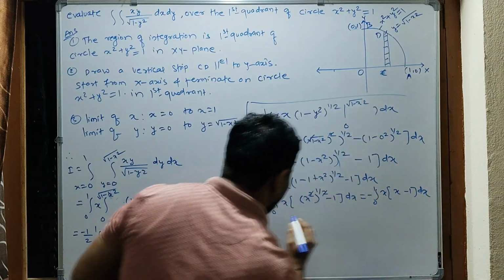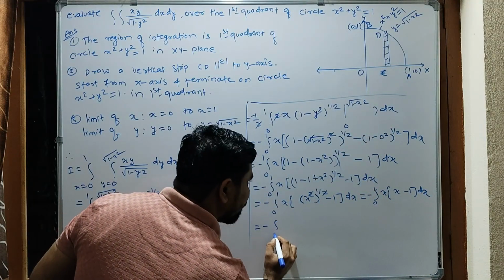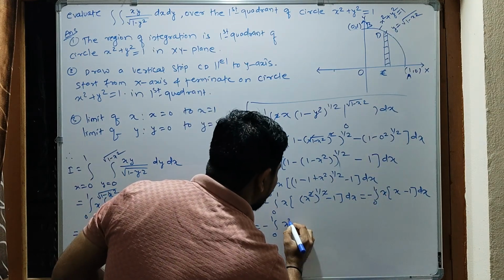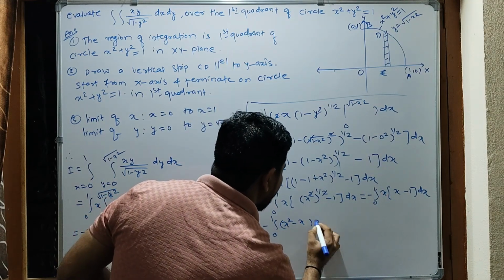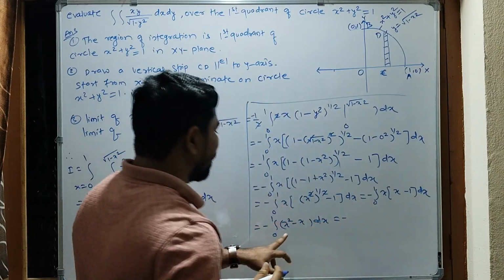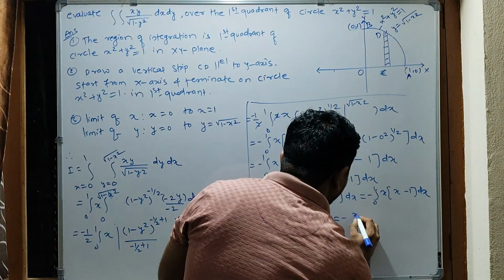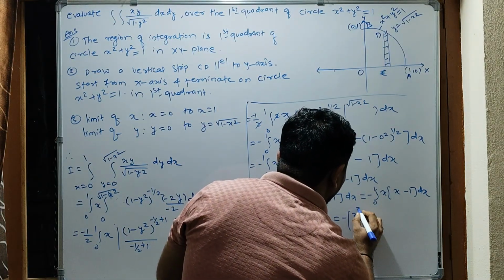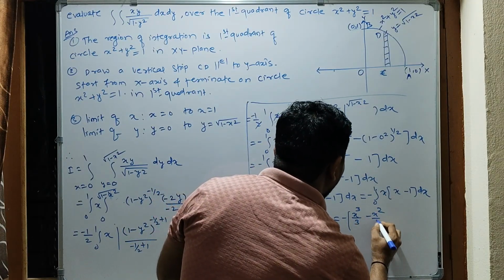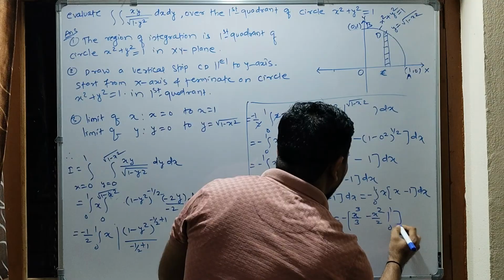This is dx, which is equal to minus 0 to 1. Multiply this: x square minus x, dx. Now this is minus sign. So integration of x square is x to the power 3 by 3, minus x square by 2, from 0 to 1.